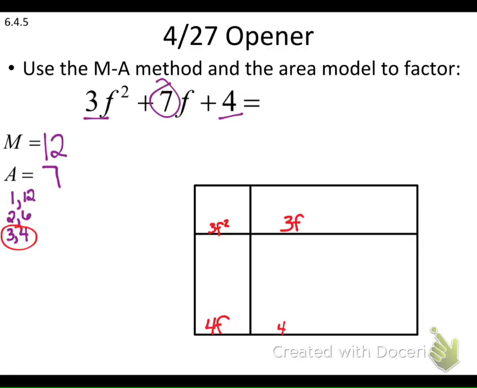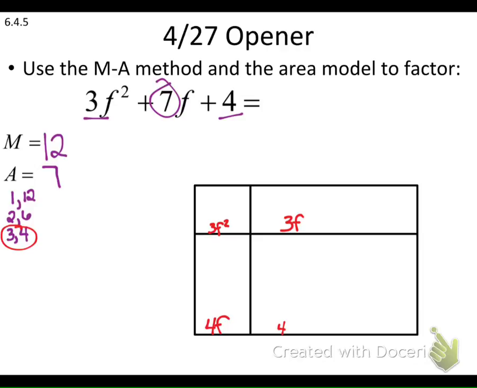Yes. Now that I have all of my areas plugged in, I can go ahead and find my height for my top row only. All right? How am I going to find that height? Factor tree. To get what? What do I get from the factor tree? Greatest. Yes. Perfect.